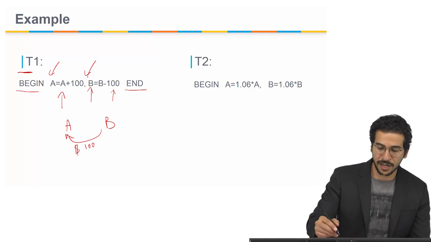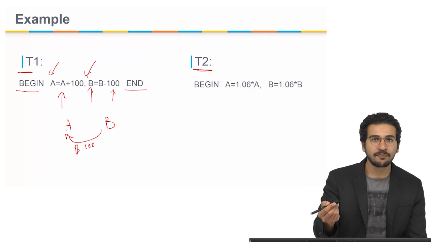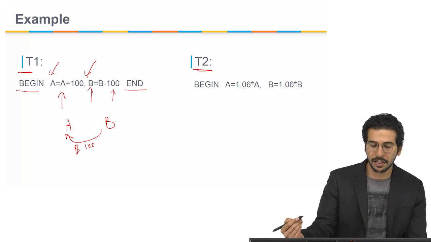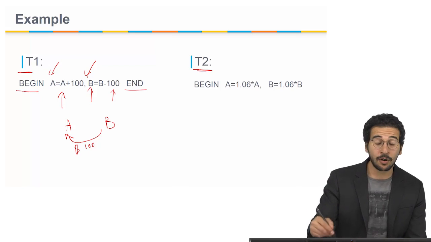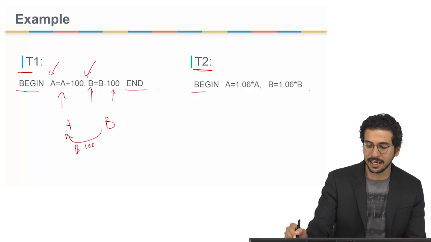Another example of a transaction is transaction T2. In T2, you also read the value of A and update it, and read the value of B and update it. But if you think from a banking perspective, it adds interest to each of these accounts. So it has a begin and an end.